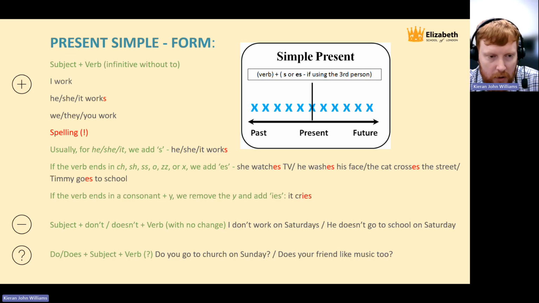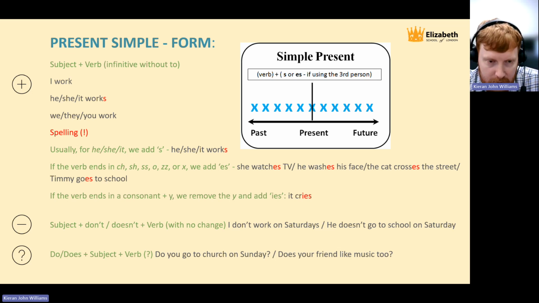But if the verb ends in CH, for example, teach, or if it ends in SH or double S or O or double Z or X, then what you need to do is add ES on the end. So like we see here, if it's CH, it will be watches with ES. If it is SH, for example, we got washes, ES, and you can see the other examples there. Okay, so if your verb has those, you add ES.